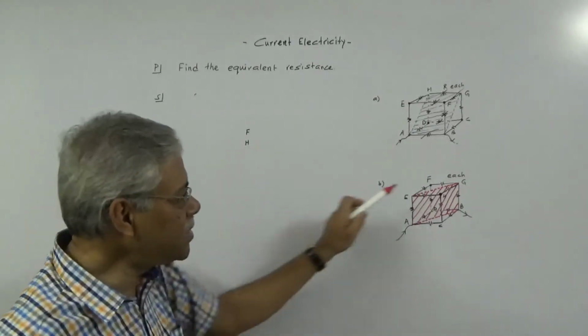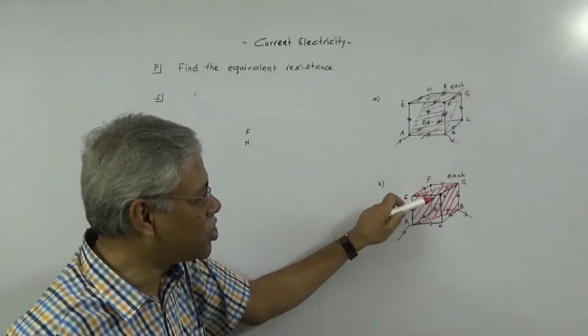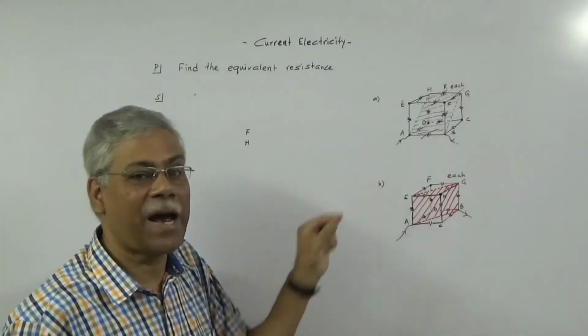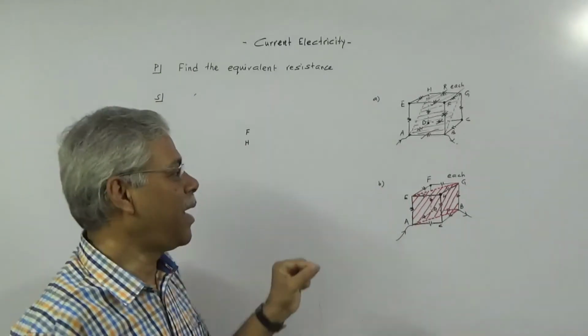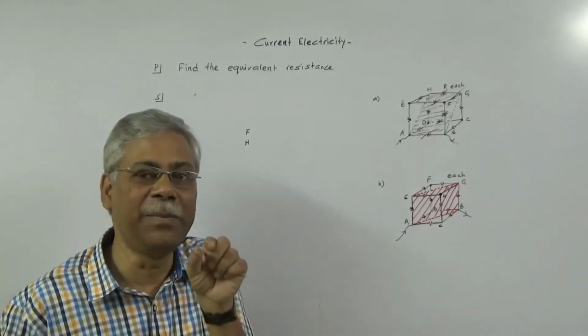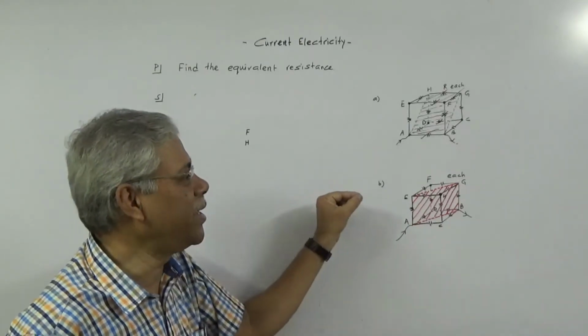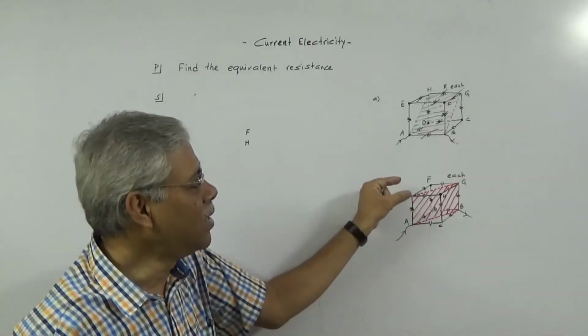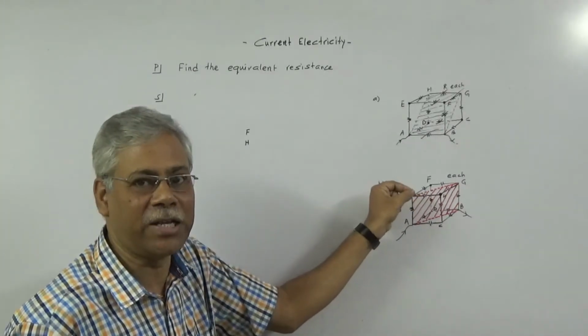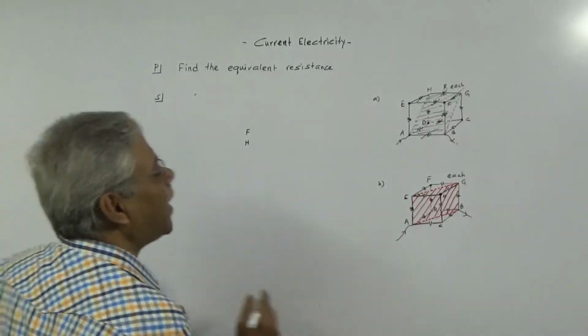Since F and H are object image pair, hence they have same potential, and since it is an electrical circuit, points having same potential are treated as same points, so we will connect F and H, means we will paste these 2 points F and H.